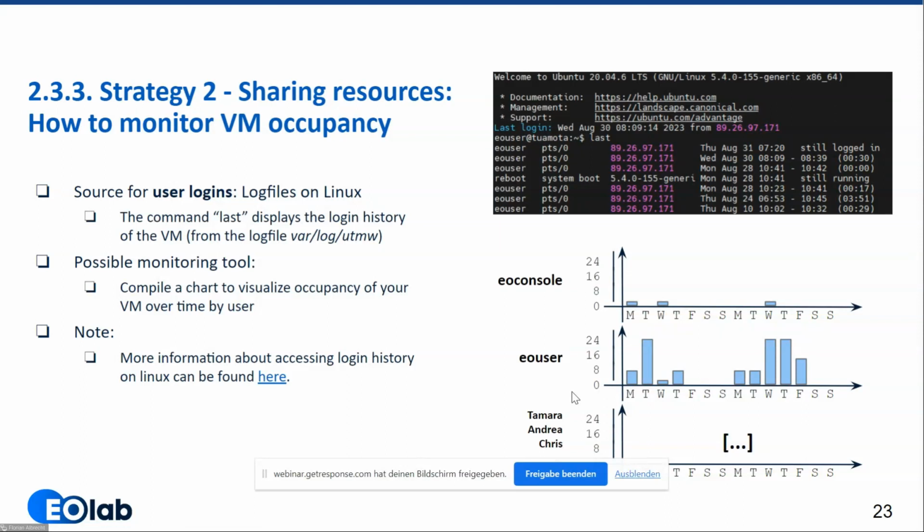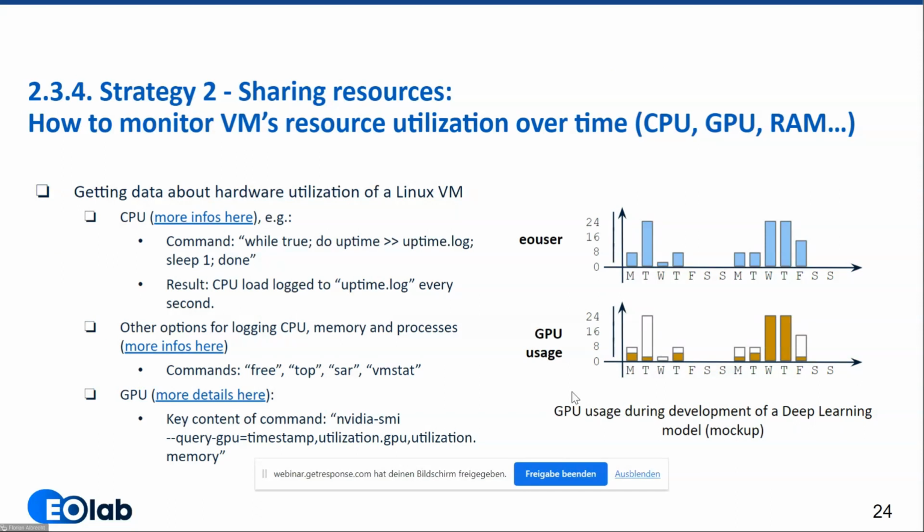The second thing that you can do for monitoring is monitoring the resource utilization of your virtual machine over time. And so you would look for the use of GPU, CPU, and RAM.